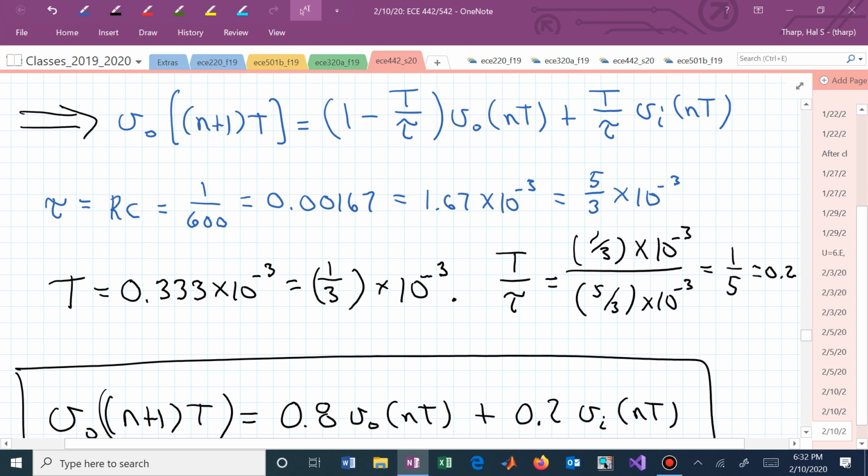Do you see how I ended up with the boxed linear difference equation? I take 0.2 away from 1, that gives me 0.8. And my weighting on my input is capital T over tau, which is 0.2. Is that system stable?